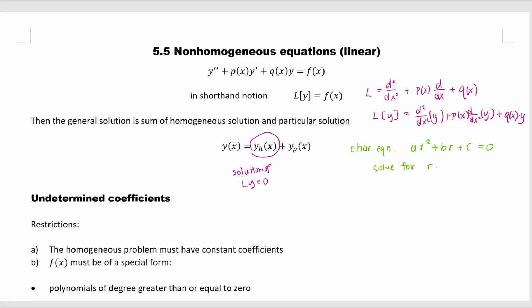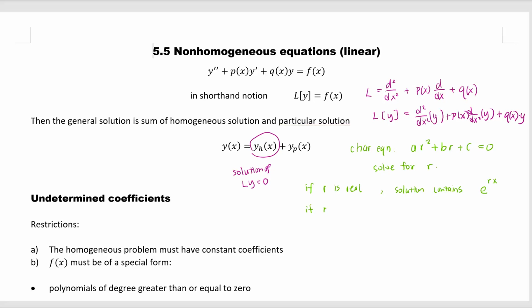Alright, so if r is a real number, then we expect the solutions will contain e to the rx, right? It will contain this term.